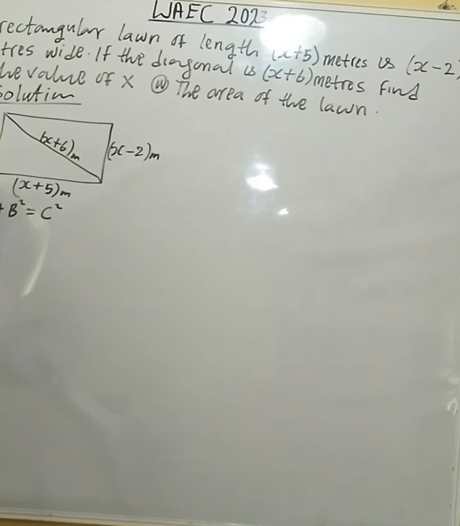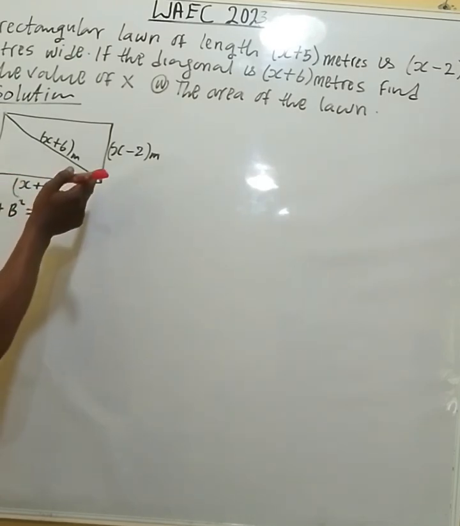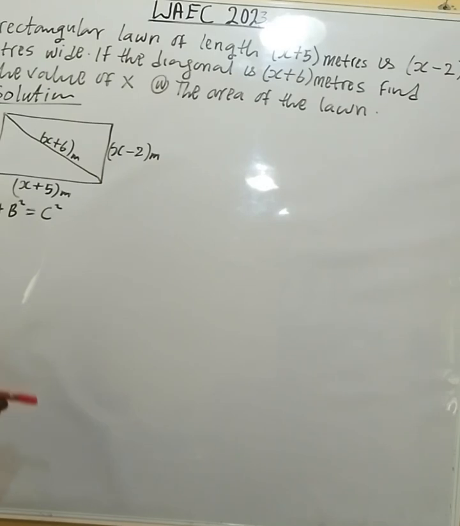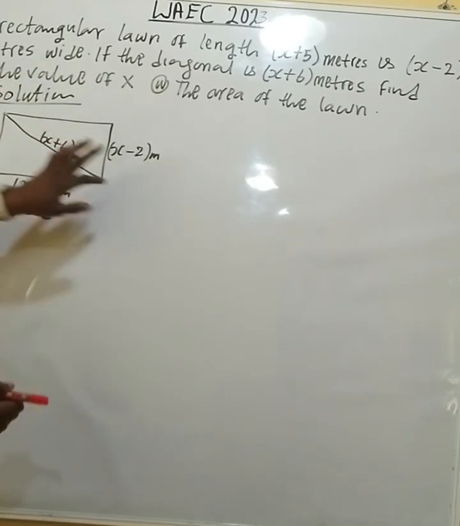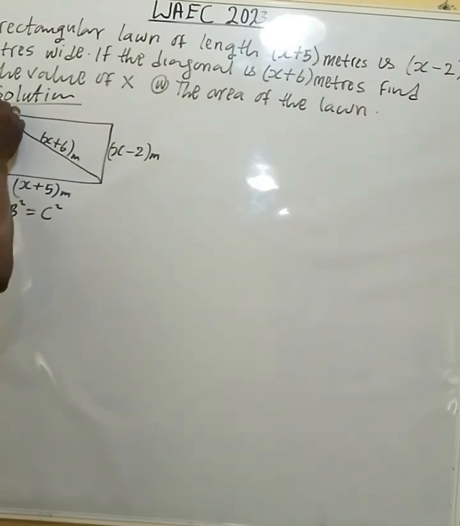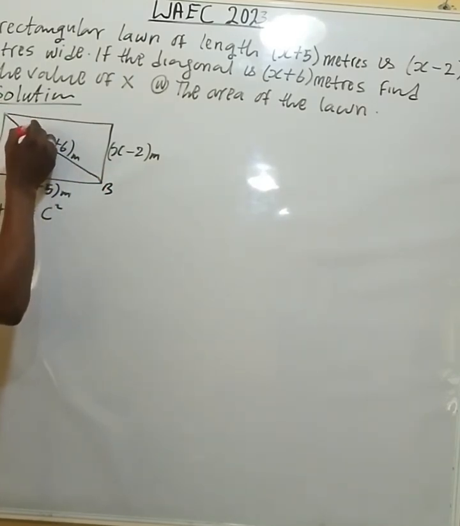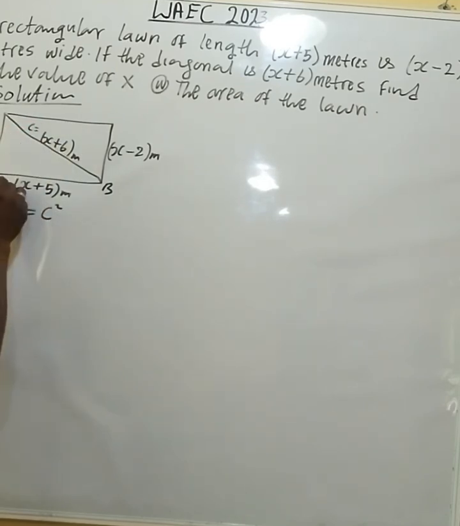Whatever you are doing, if this place is going to be your c, then you label it. So we have A, B, and C. Opposite to this is small letter c, opposite to this is small letter a, and opposite to this is small letter b, which equals x minus 2.